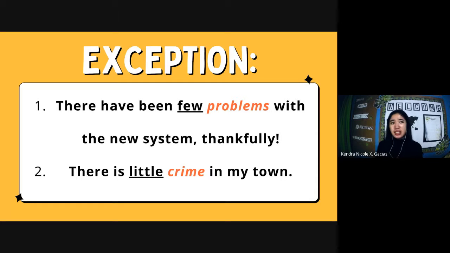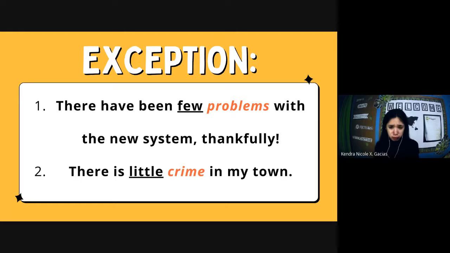So this is a negative thing in many cases. If we refer to our example, few problems means a small number of problems. So this sentence expresses a good situation. The problems there are not many. But if I say we have a few problems, this gives a negative feeling, right?